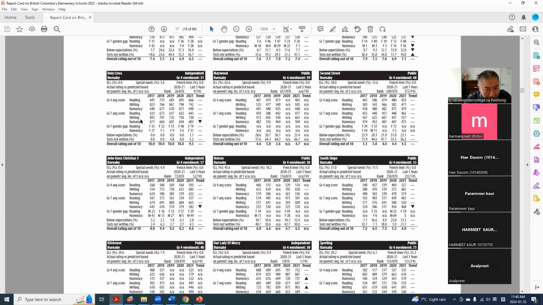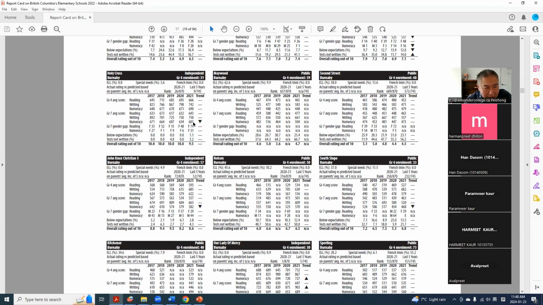Reading, how about writing? This high ranking school, 26, the writing score for grade 7 is 750. But how about Maywood, 661? The difference is big, almost 100 points.